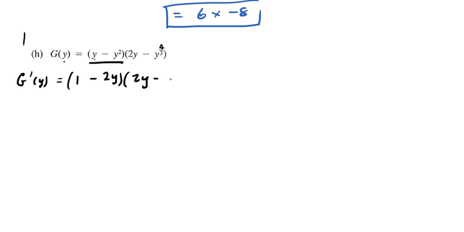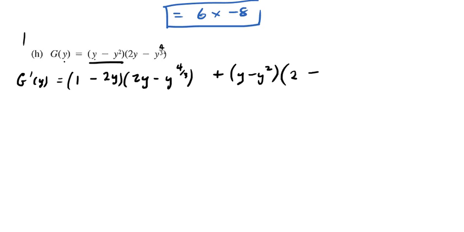So you're just going to rewrite the second. Don't touch it. Don't take the derivative yet. Plus the first, just the plain old first, not the derivative, times the derivative of the second. So what's the derivative of 2y? 2.